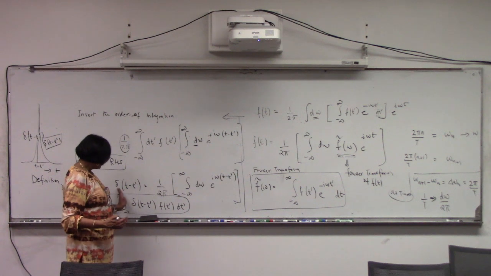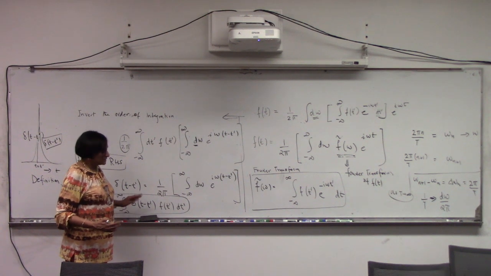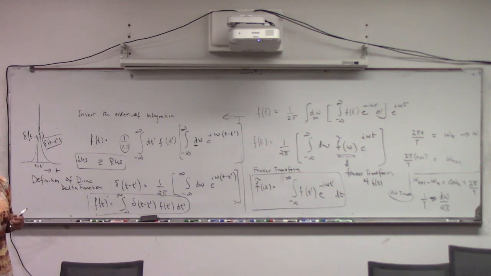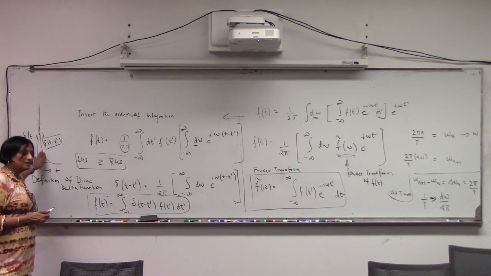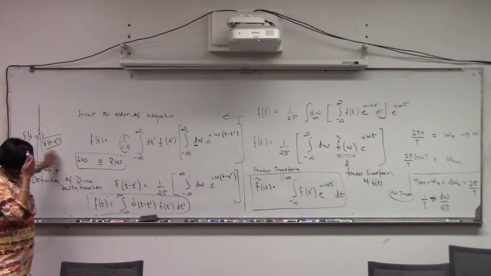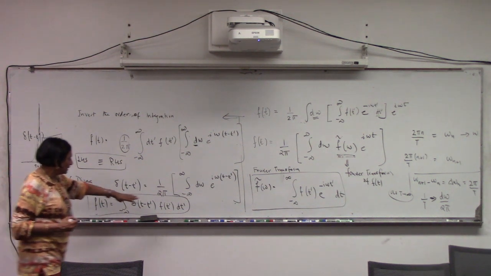So that's what is happening. It's a very different representation. You have so many harmonic waves, and that represents this function in the other space, the dual space. So that is also the meaning of this.